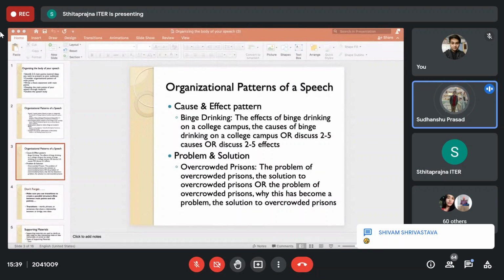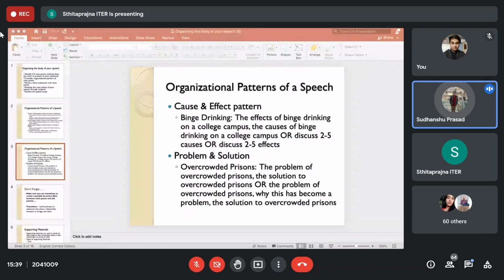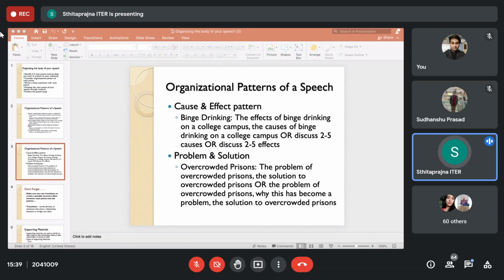One of my teachers was from BIT Mesra, and he used to say that he had some female friends who drink even more than boys. Yes, they do, but it's not about gender equality here.